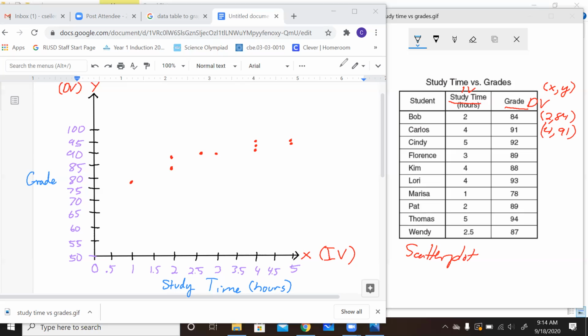And if you'll notice, I'm going to do this in kind of a light color. Sometimes with graphs, especially scatter plots, you can form something called a best fit line, and that's a line that's an approximation of what your data kind of does. It doesn't mean that it's exactly what your data points are, but if I had to draw a best fit line, I would kind of guesstimate it to look something like this.